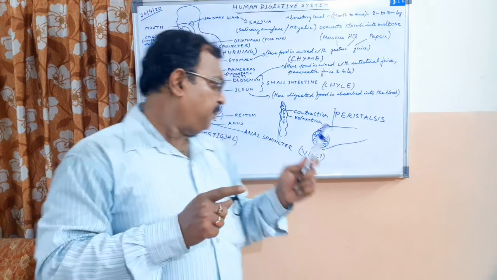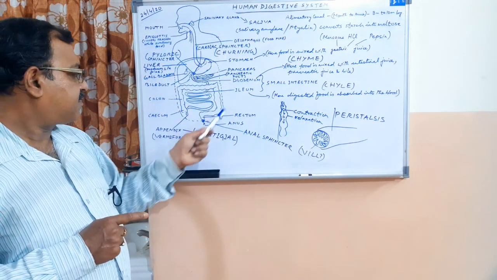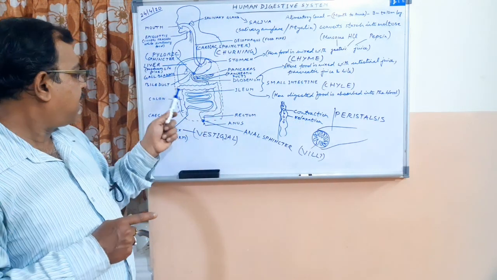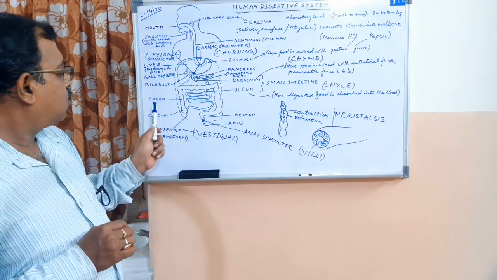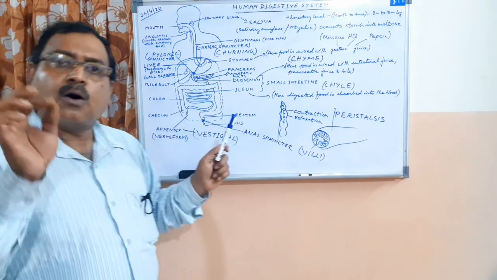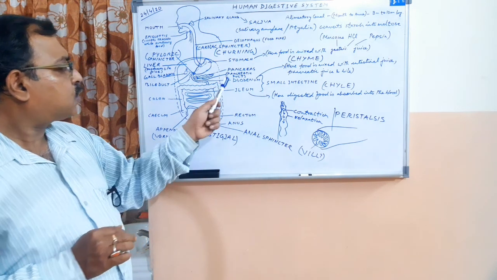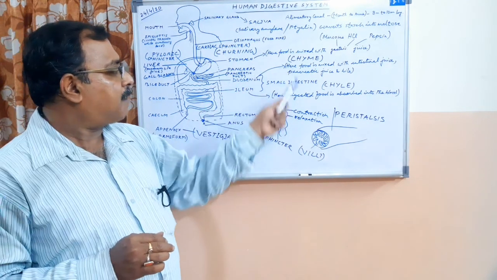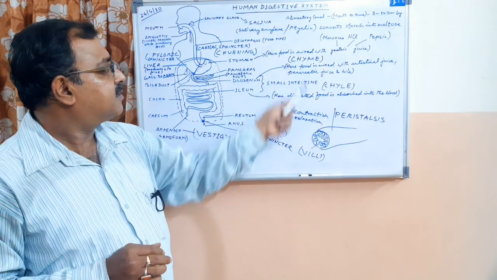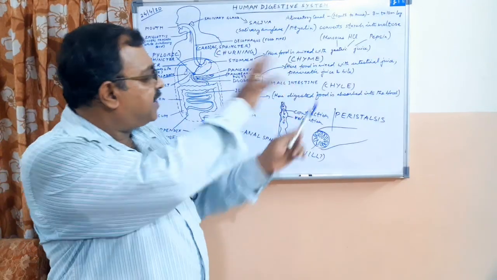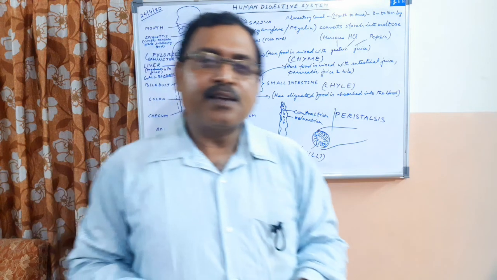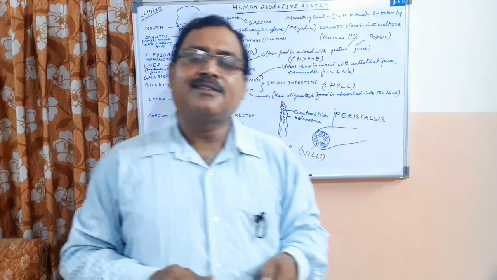Clear? The parts of the large intestine you must remember. So here I have tried my best to label all the parts, and also here I have written what happens to this food in these particular parts. This type of explanatory diagram I don't think you will get in your book.